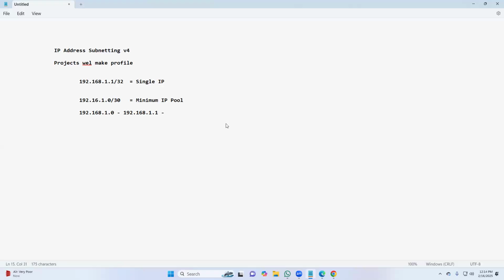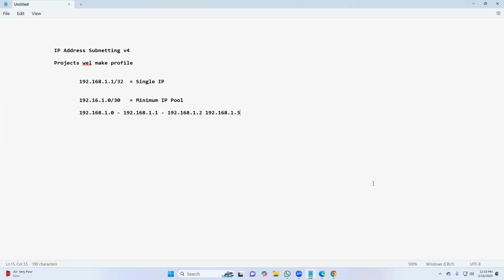The third IP is 192.168.1.2, and the fourth IP is 192.168.1.3. Basically there are a total of 4 IP addresses, 0 to 3.